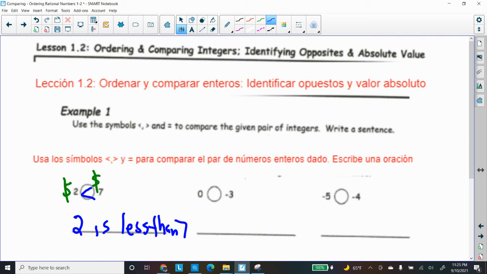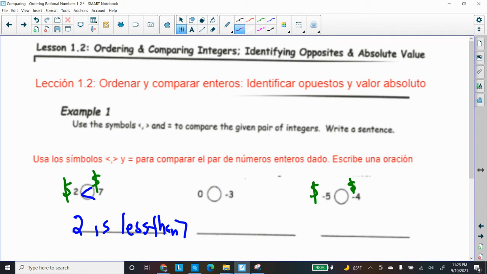Let's try one more time. I'll skip this one and leave that one for you. I'll go to this one. I'll put a dollar sign in front of the -5 and the dollar sign in front of the -4. When we're talking negative money, we're talking about losing money. So if you remember in class, I said -$5, and that's like you lost $5. And here you're comparing that to owing or losing $4.